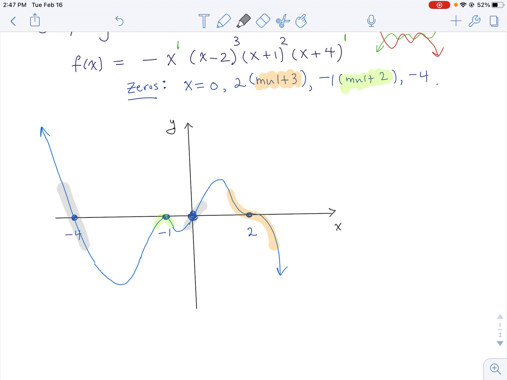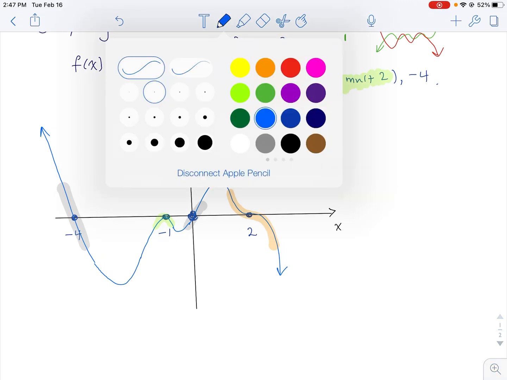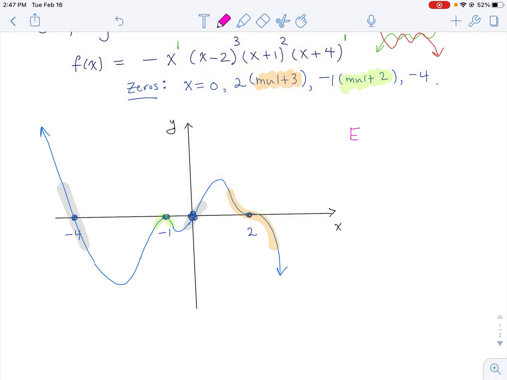I'll highlight a couple more things that we talk about in this chapter. We talk about things called extrema. Extrema are just maxes and mins. So where are the extrema on the graph? Here's a minimum right here, right? There's also a little minimum right there, really hard to notice.